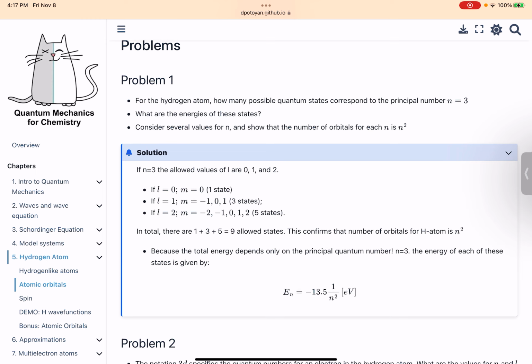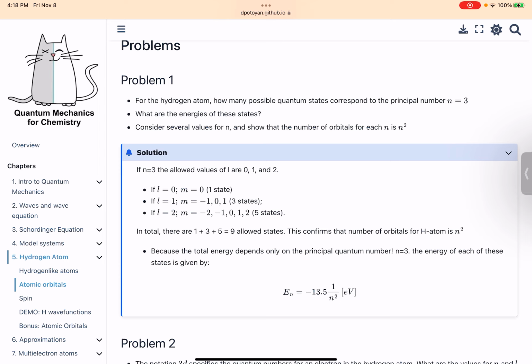So we know that there's a degeneracy with respect to L and ML, and you can list them explicitly. L is equal to 0, M is equal to 0; L is equal to 1, M runs over all the projections, minus 1, 0, 1; L is equal to 2 will be minus 2, minus 1, 0, 1, 2, and you can count the number of wave functions that correspond to these quantum numbers.